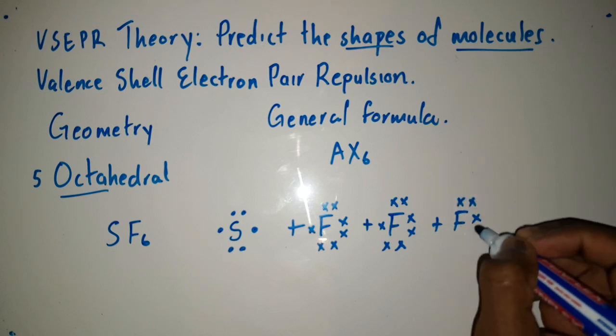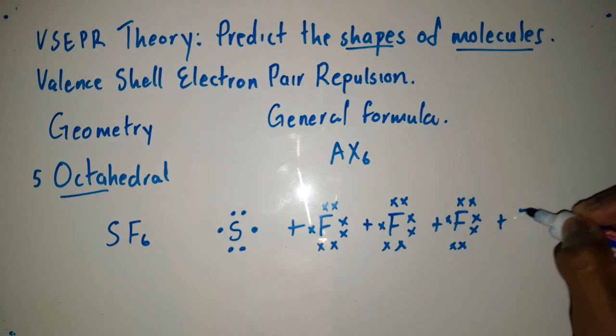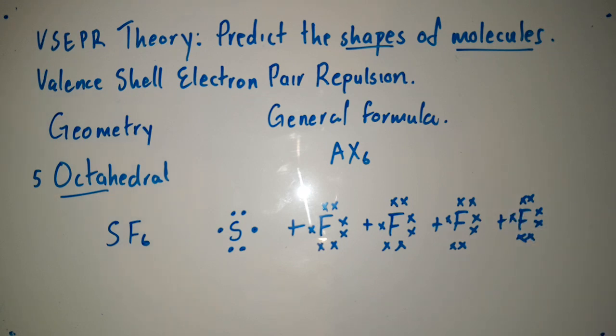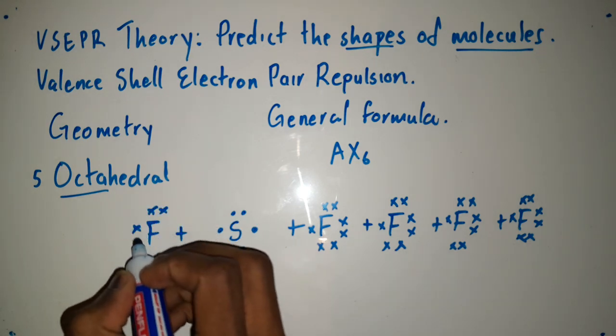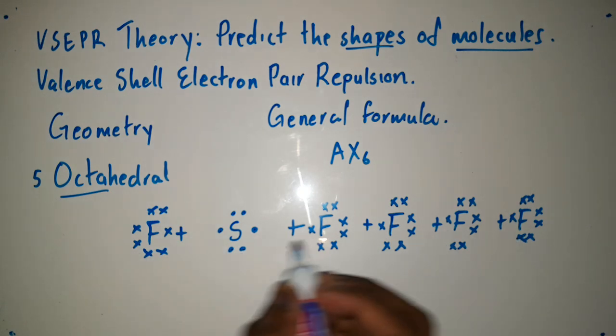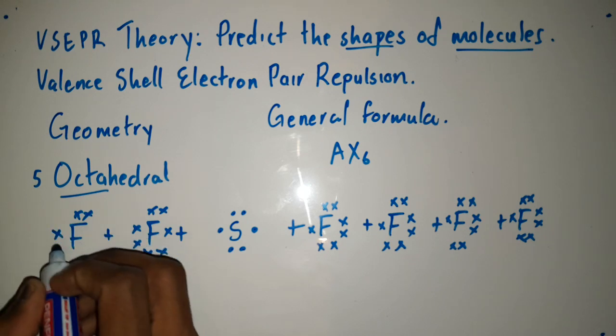We are going to have 6 of this, plus another one over here. Then I don't have much space, let me erase this side. Going to have 6 of this, like this. How many? 5. Then lastly 6.